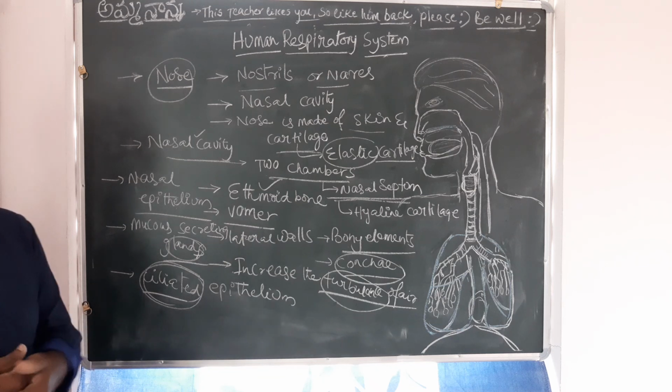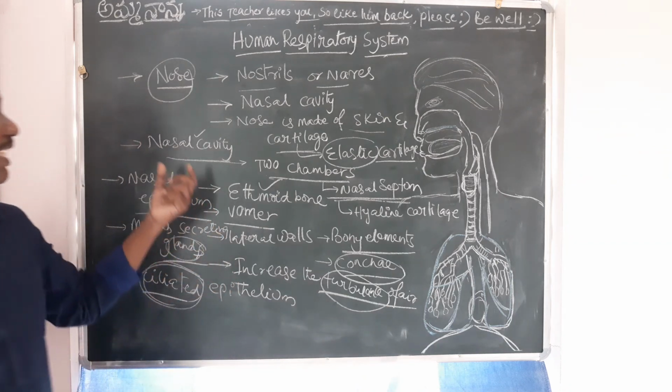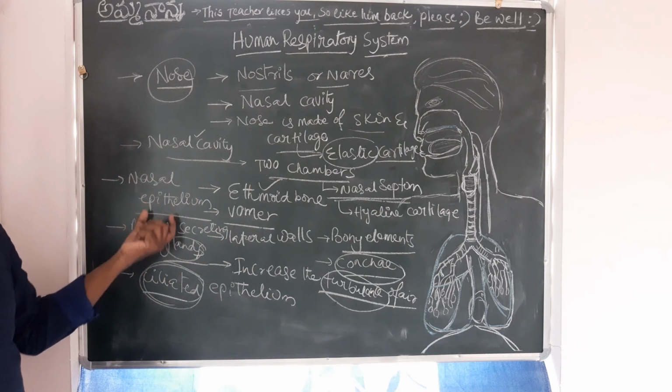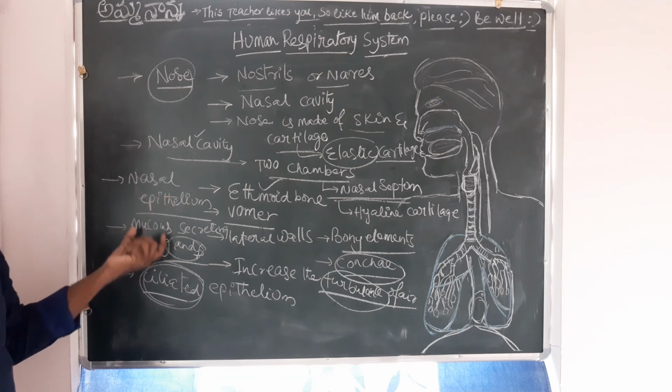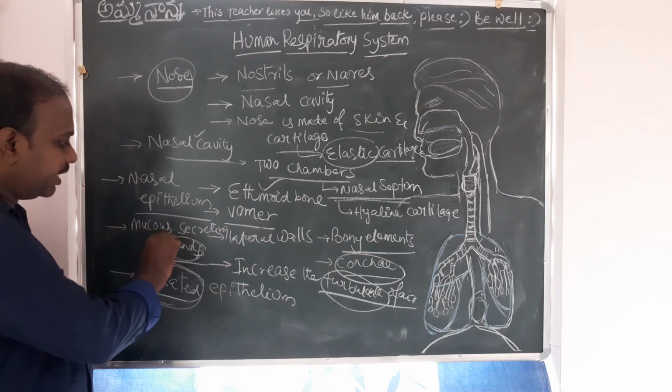How are they trapped? They are trapped with the help of the mucus, which is secreted by the nasal epithelium, which contains mucus secreting glands.